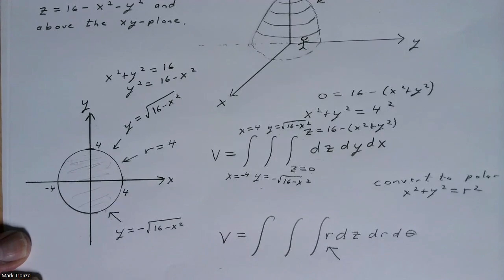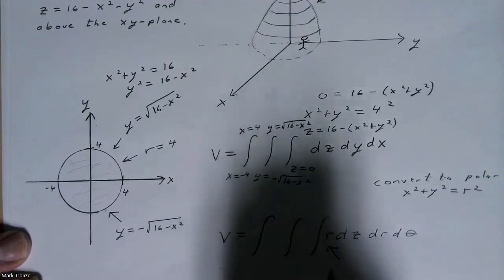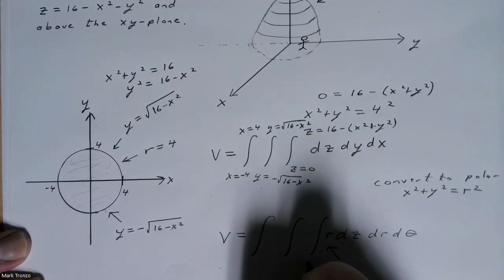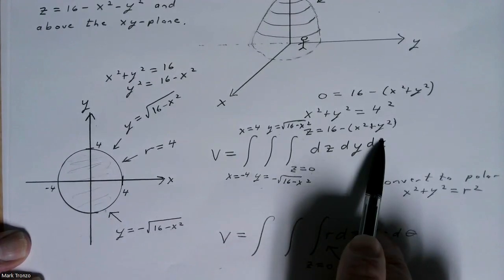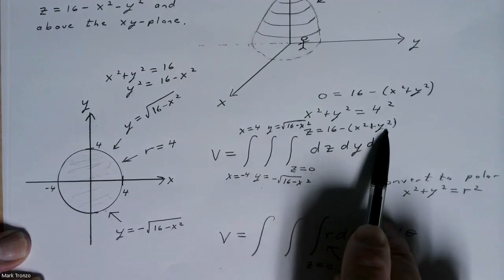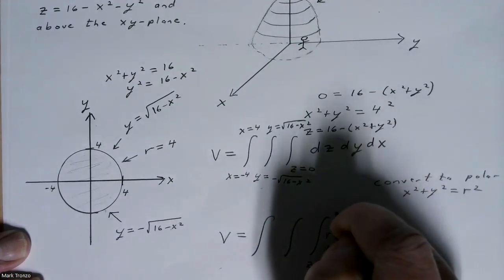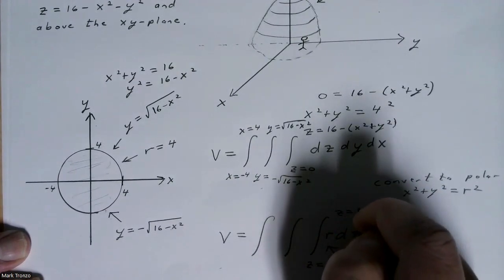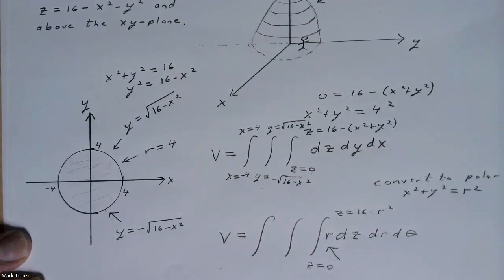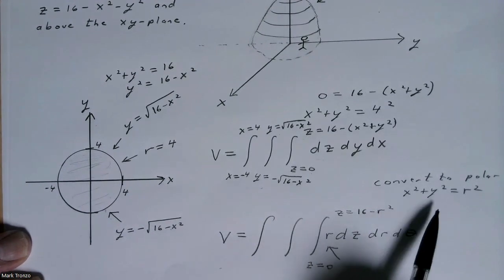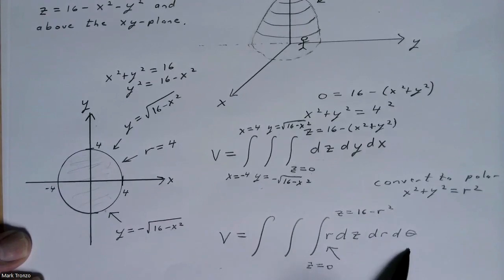So now let's convert everything. So we're still going to go from z equals 0 to our upper bound, which is this, but we're going to replace x squared plus y squared with r squared. Like this. And now, when we do our last two bounds, we're going to use r and theta.